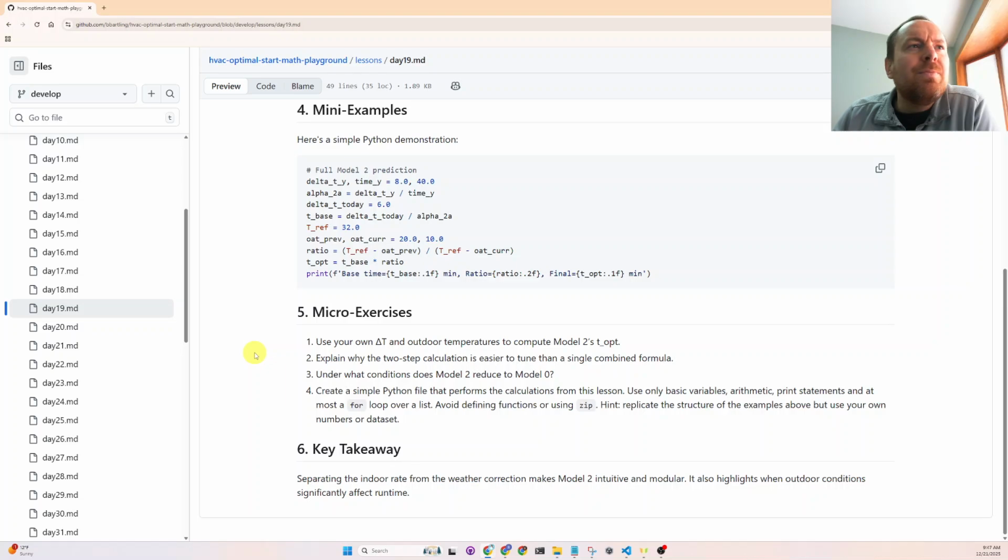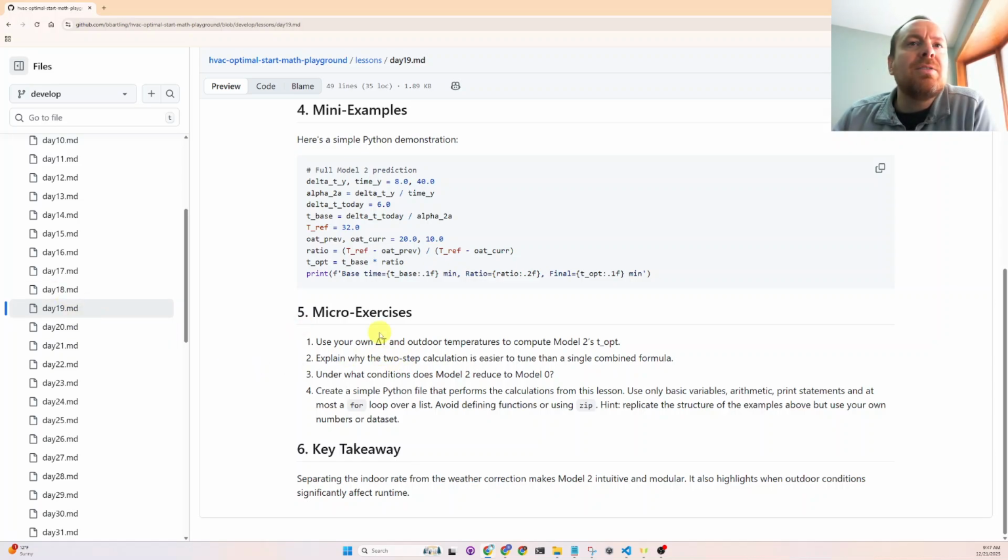Without jumping into too many days in the future, which I tend to do, maybe I'll just save these for tomorrow. Okay, use your own outside air temperature and your own delta temp to compute Model T.